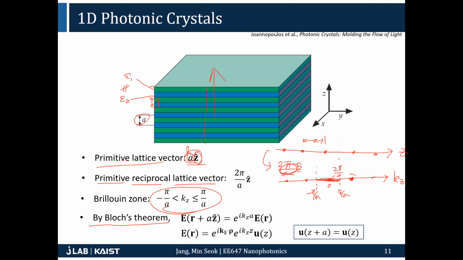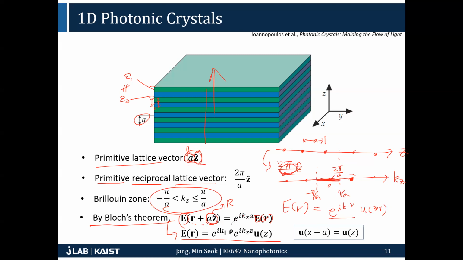Now, if you apply the Bloch theorem in this case, the electric field at R plus a z, where this is R, is e to the i k_z a times the electric field at R. Or you can also use the second form: E of R is equal to e to the i k·r times u of r.